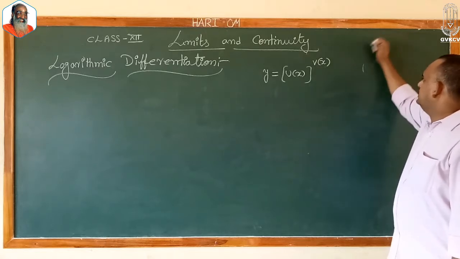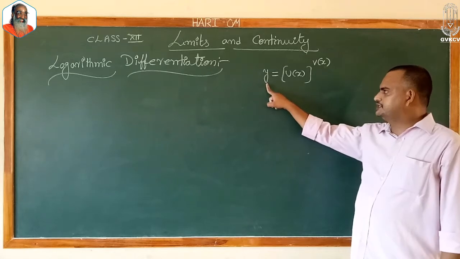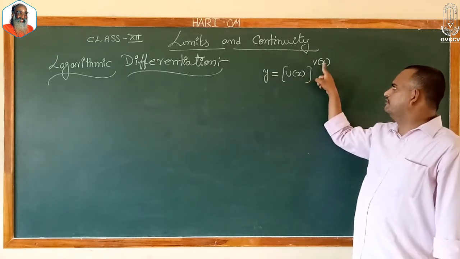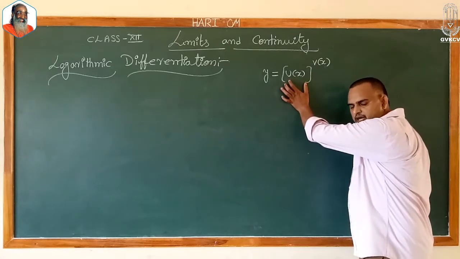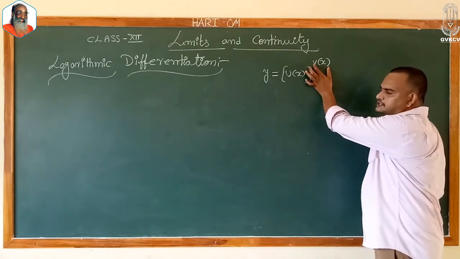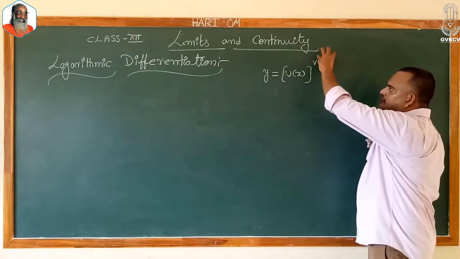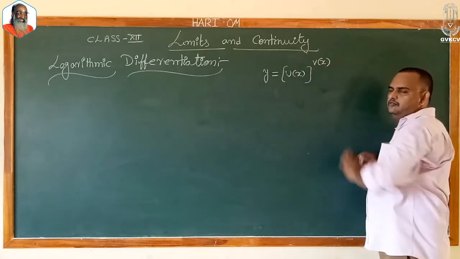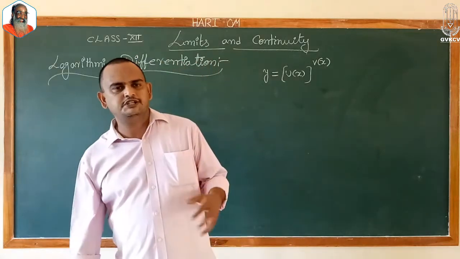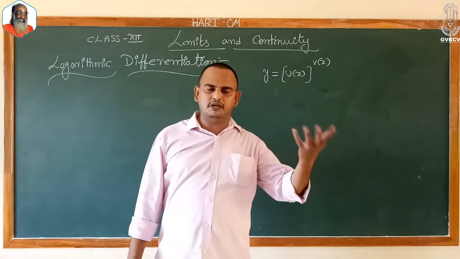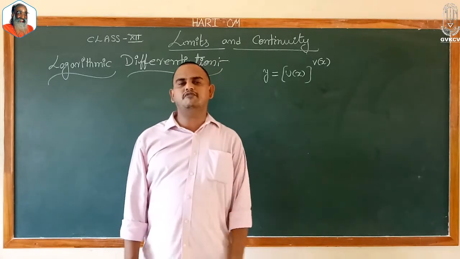Now, the concept we are discussing is when there is a function u of x power v of x, meaning the base is a function of the variable x, and the power is also a function of x. When the base and the power are both functions, they may be trigonometric, algebraic, inverse trigonometric, exponential, or logarithmic functions.